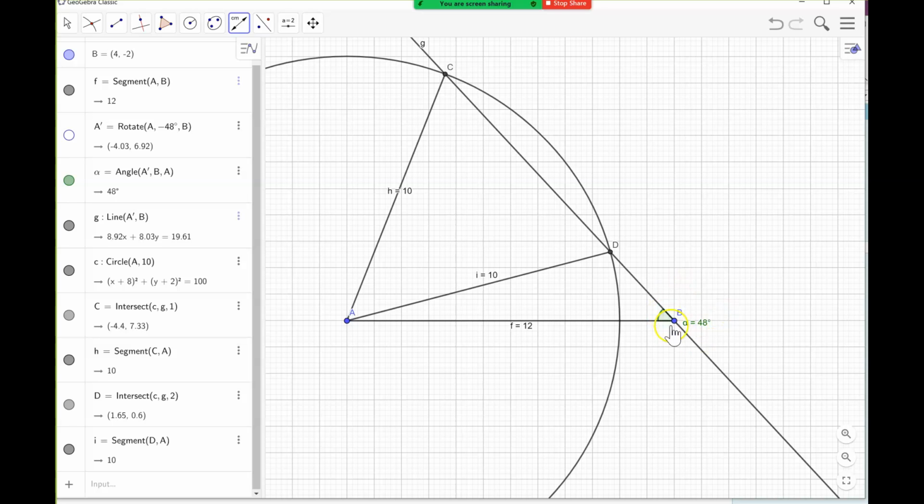But as this angle gets bigger, these two lines that indicate the two separate triangles are going to get closer and closer together. And they'll actually become the same line when that angle is 90 degrees.